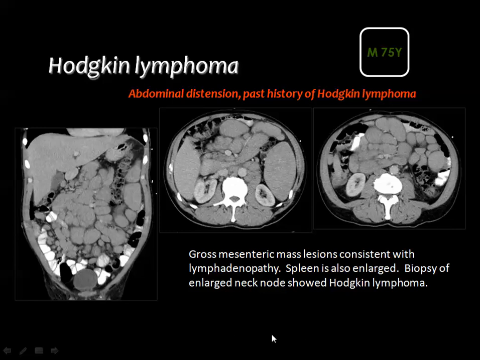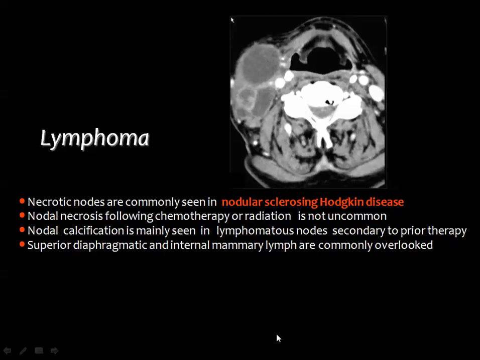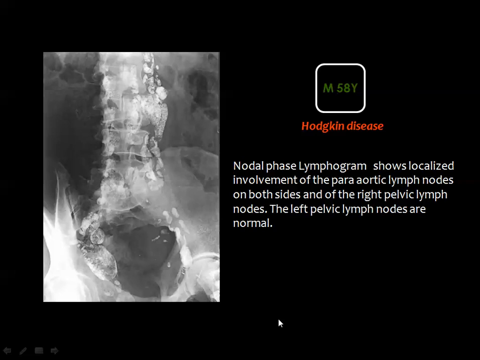Some of the lymphoma nodes, especially those with nodular sclerosing Hodgkin disease, may show central areas of necrosis, and this may be mistaken for inflammatory nodes, for example, or metastatic lymphadenopathy. You know, the best way is to go by biopsy to confirm the diagnosis.